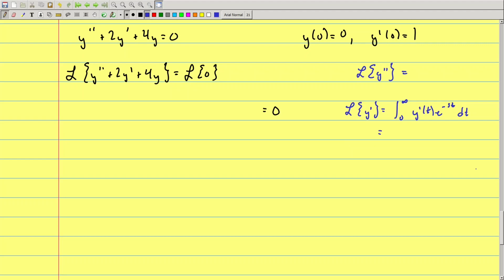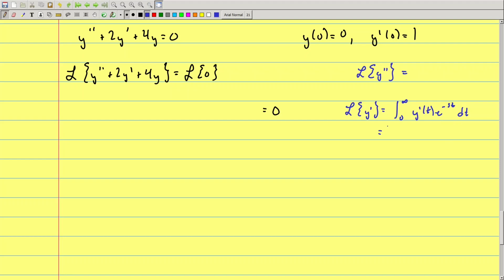If we perform the computation here, we can compute it by integration by parts. So we do that, and we set dv equal to y prime because that's the thing we want to integrate, and u is equal to this.